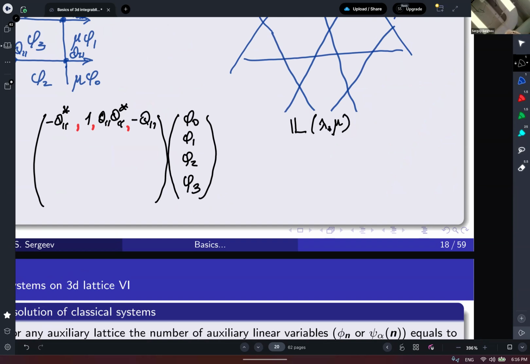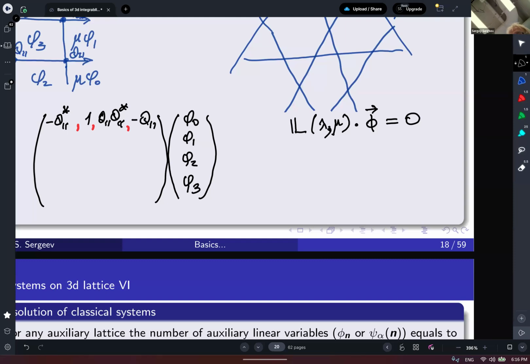And entries of this matrix come from our field variables which live on given section of cubic lattice. Then times rather big, huge vector of all auxiliary variables that are involved. And then everything must be zero. So that's the complete set of auxiliary linear problems.